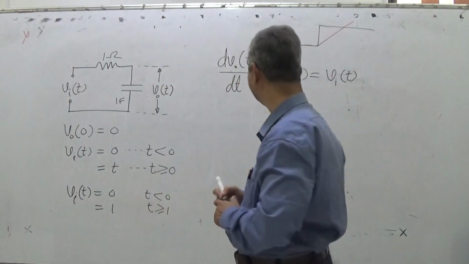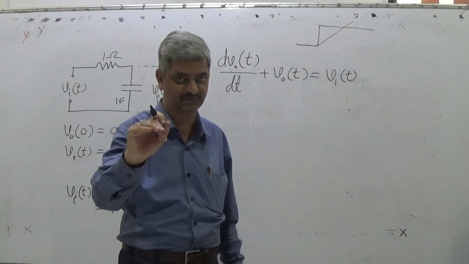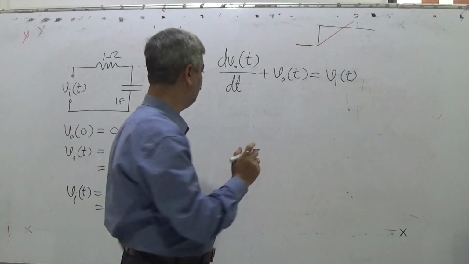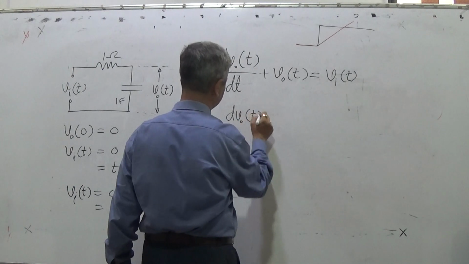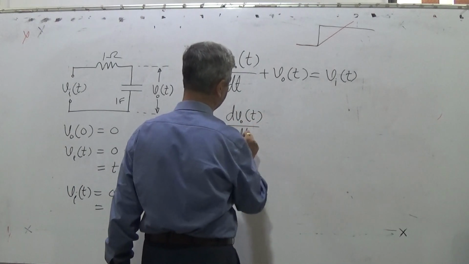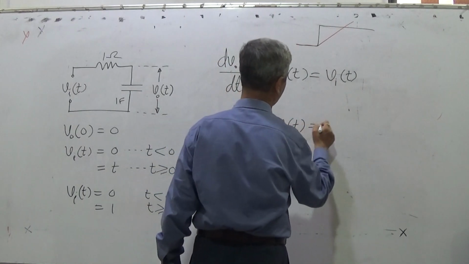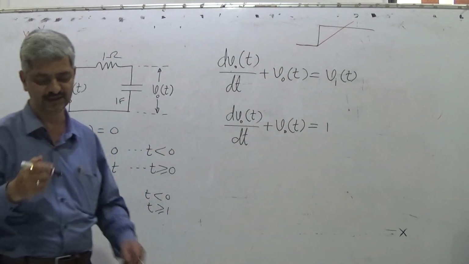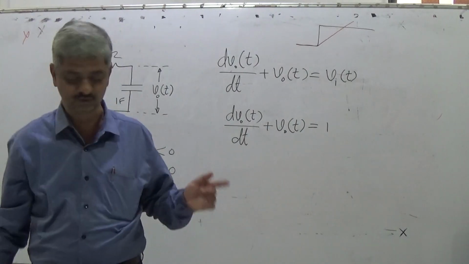So the differential equation which we solved by shortcut, which I told you: in the previous case we solved dVO(t)/dt plus VO(t), which was equal to 1, because we wanted the solution to be valid from t equal to 0 onward.